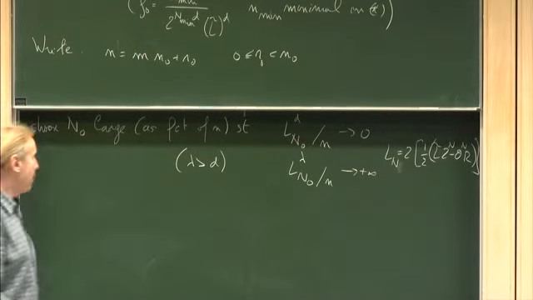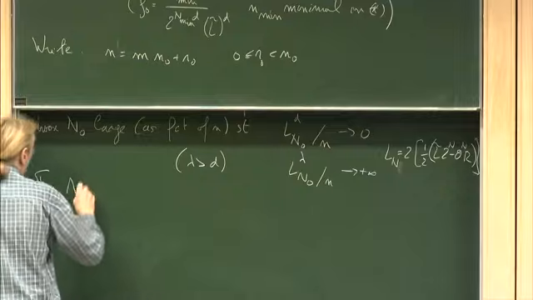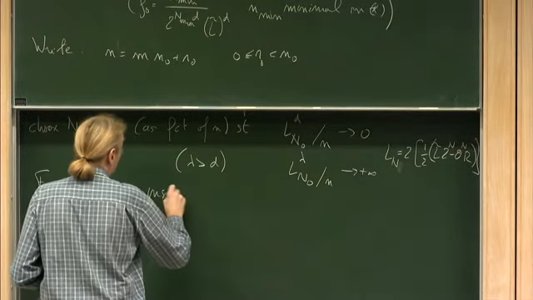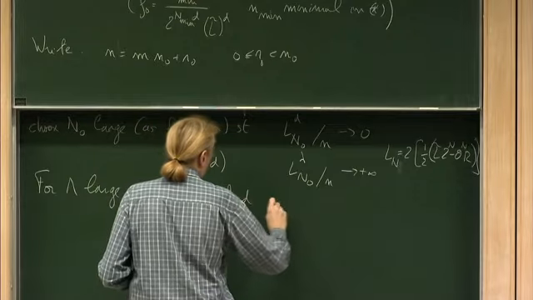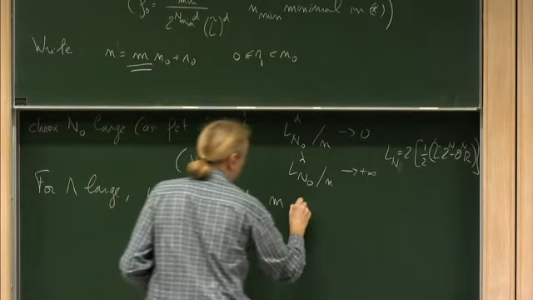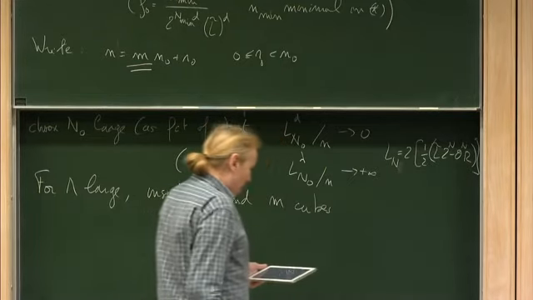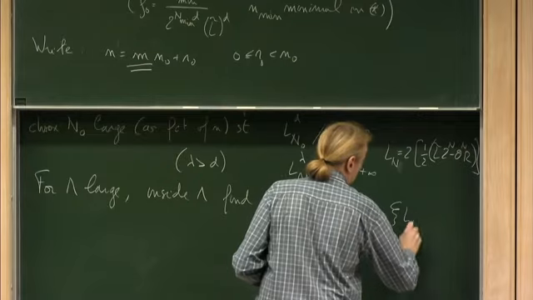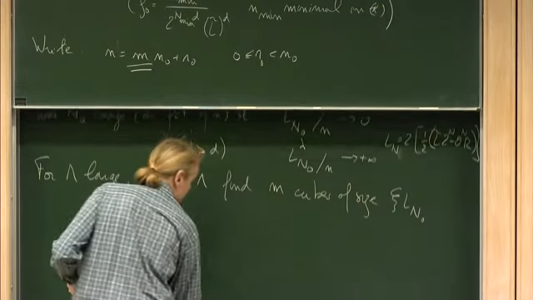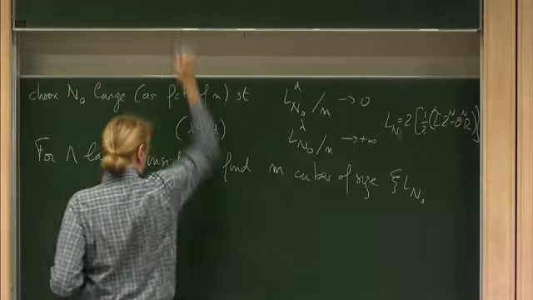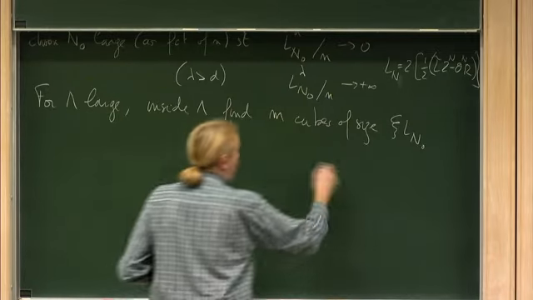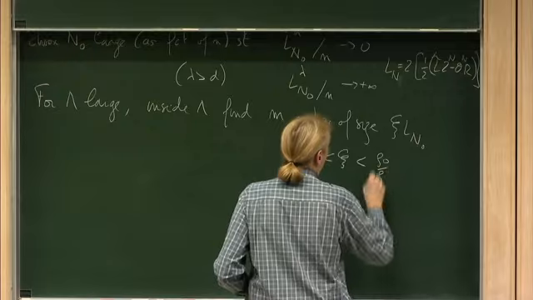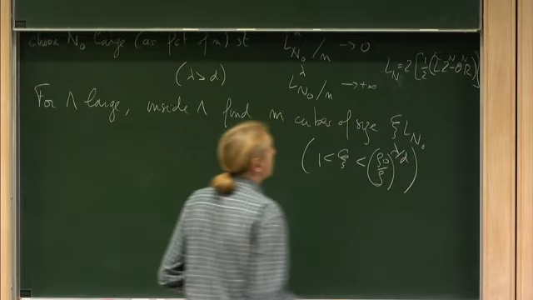Okay, and now if you take lambda large, you can choose m cubes inside lambda, so it's this m, of size Xi times ln0, so side length Xi times ln0, where Xi is chosen between 1 and this, right?